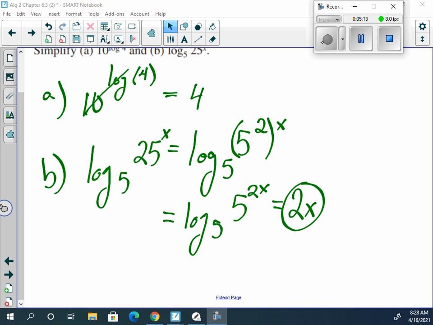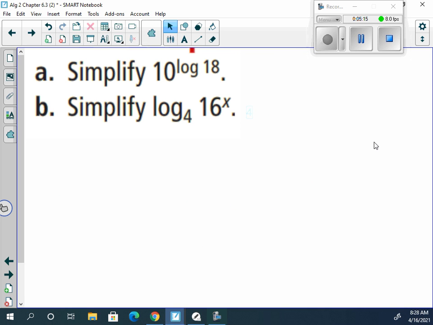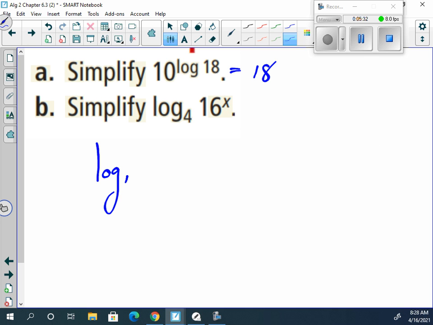So if we're good with this here, let's look at these next two here. 10 to the log of 18 would be 18. Now for log base 4 of 16 to the x, well, we can't just simplify it out. We need to rewrite 16 as 4 to a power.